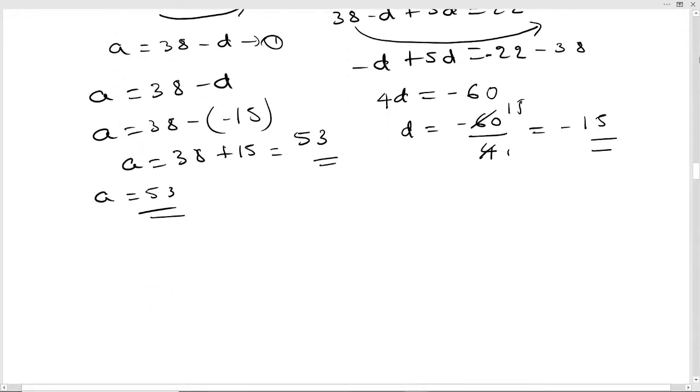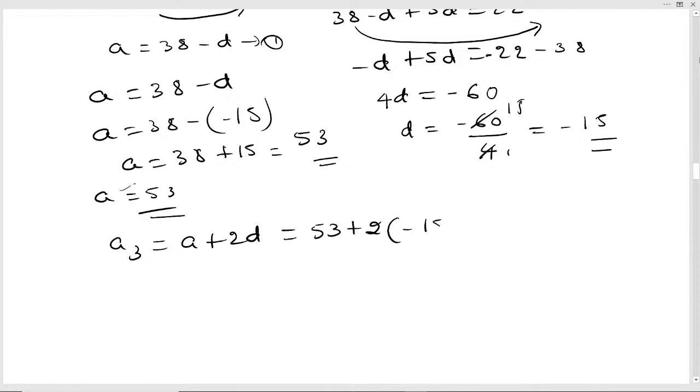You know the formula to find the third term: a plus 2d. The a value is 53. Now just apply the a value as well as the d value here, and you'll get the third term. So a value is 53 plus 2 into the d value, which is minus 15.